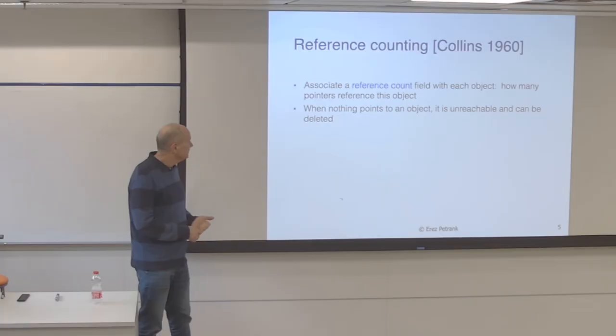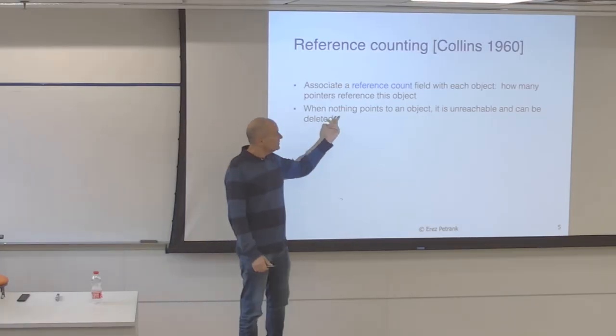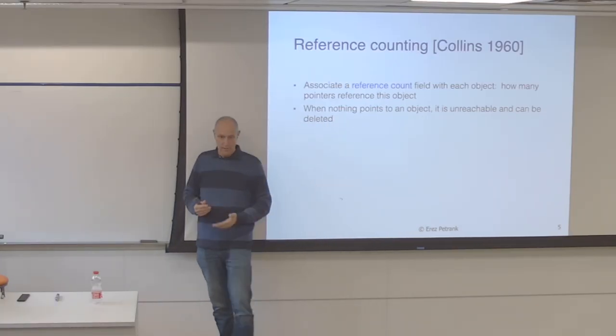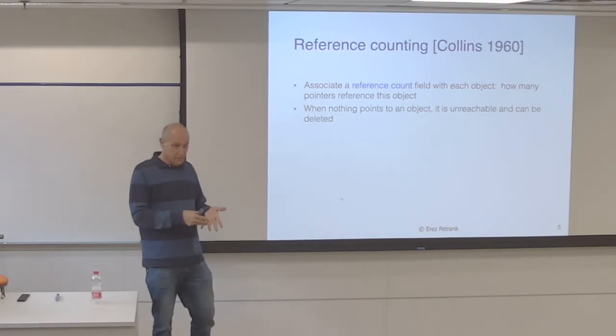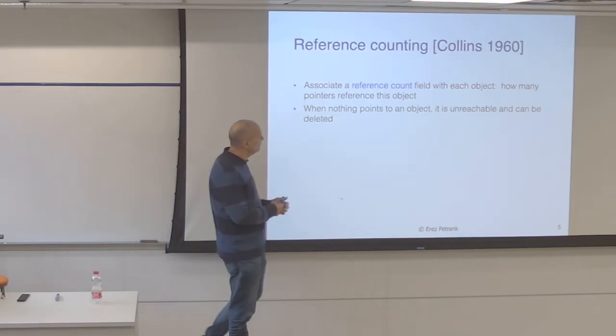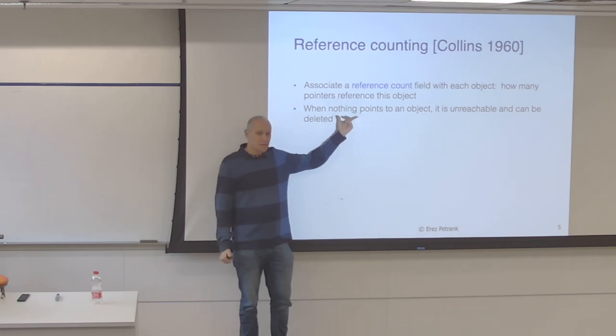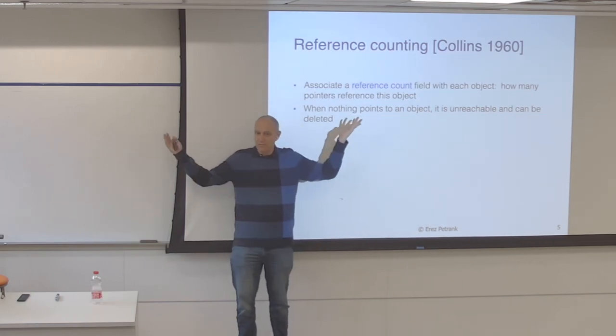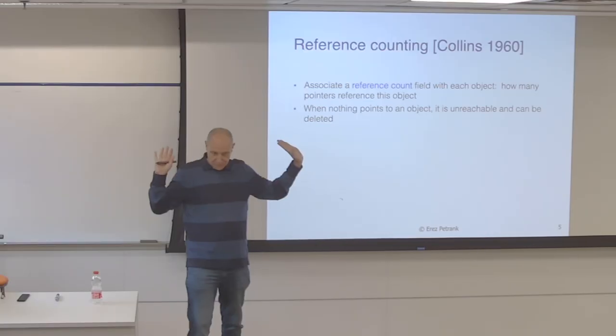The basic idea is that you have a reference count for each object, telling you how many references reference it. So when nothing points to the object, the reference count is zero. You can reclaim it. It's clearly unreachable.